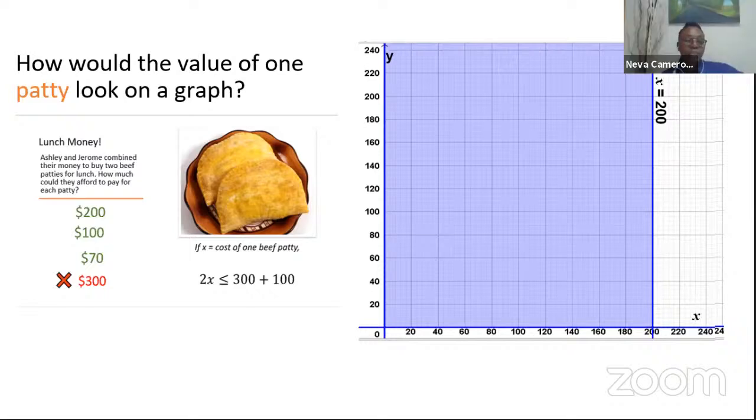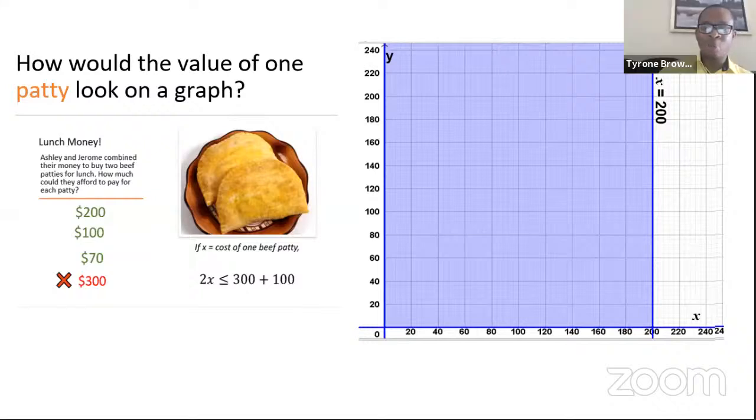All right, sir, what we're seeing here is that the graph is in the first quadrant. However, because we're referring to costs, we cannot have a negative value for the cost of the patty. So we're really looking at the region that is on the positive side. So if we're going to be graphing the cost of one patty, because we don't have a negative value for the cost, we will be using that side of the graph.